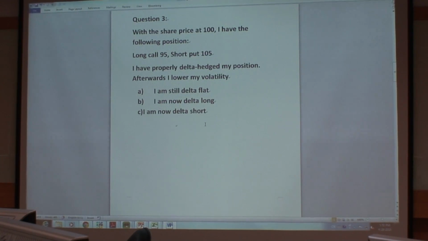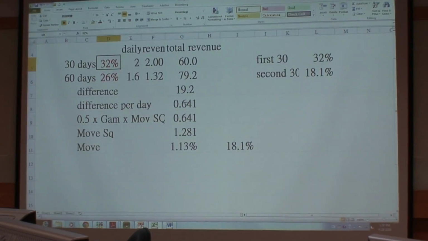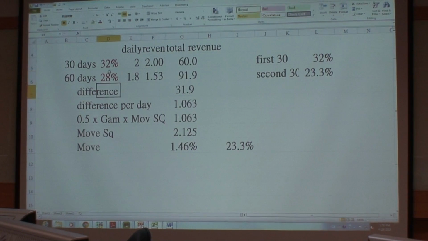So there were two ways, that was a question somebody asked me before class. There's two calculations you can make, and they are actually, one is more comprehensive, more work, more information than the other. So if I go back to this spreadsheet here, then let's say the first 30 days are vol 32, the second 30 days are vol 23.